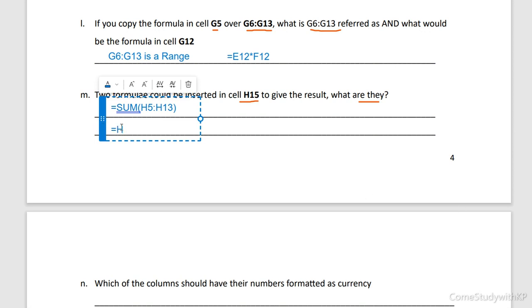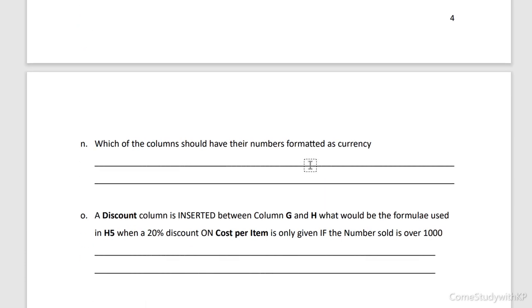So we'll be adding H5 plus H6, plus all of the cells up to H13, right? So those are the two formulas we could possibly add to give us the result in H15.